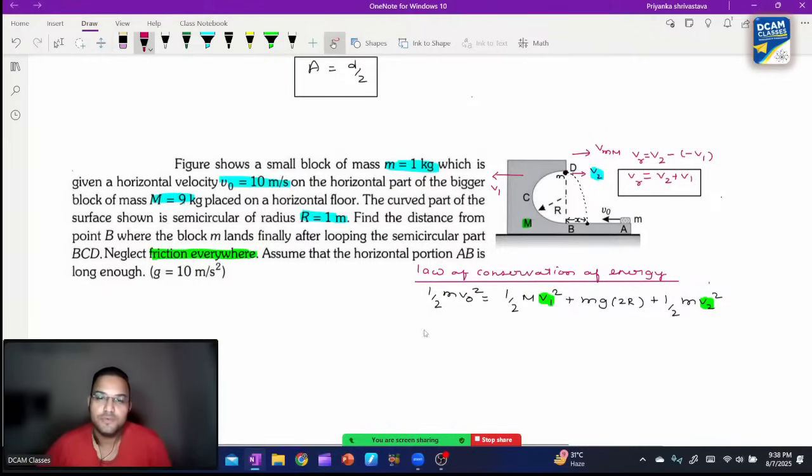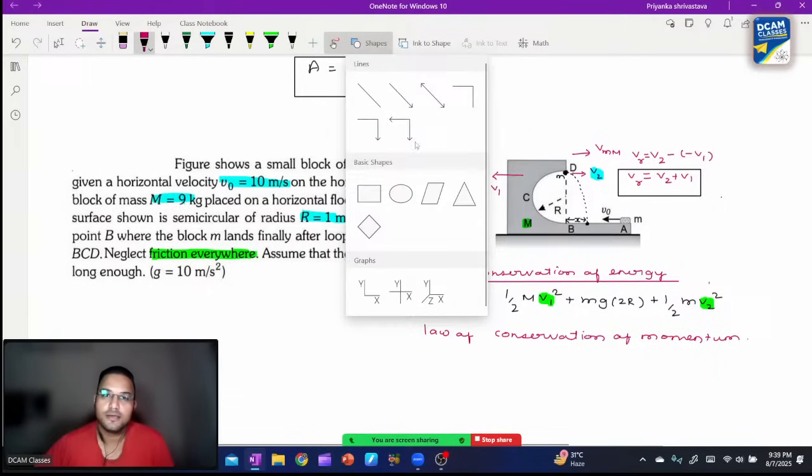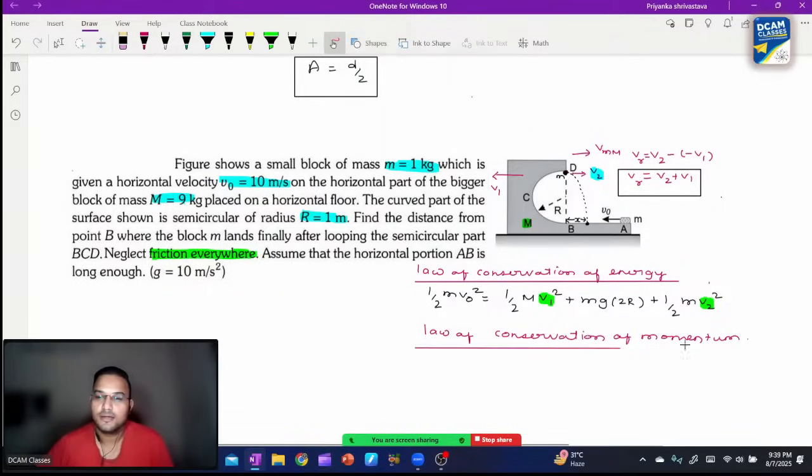The second thing you will be using is the law of conservation of momentum. I'll use it between A and this D point. Initially it was mv naught.